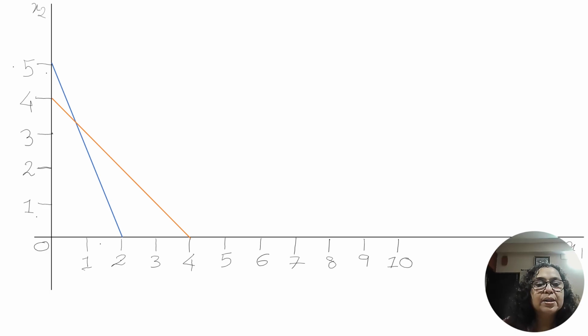So we have plotted this. You can see this is 0, 4 and this is 4, 0. So this is our protein constraint.